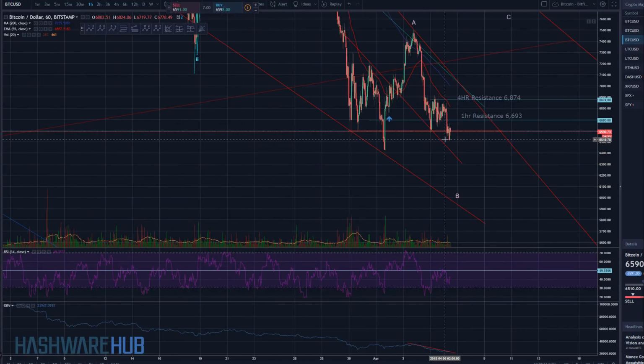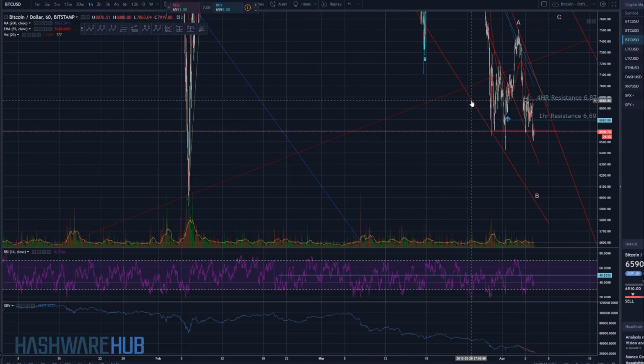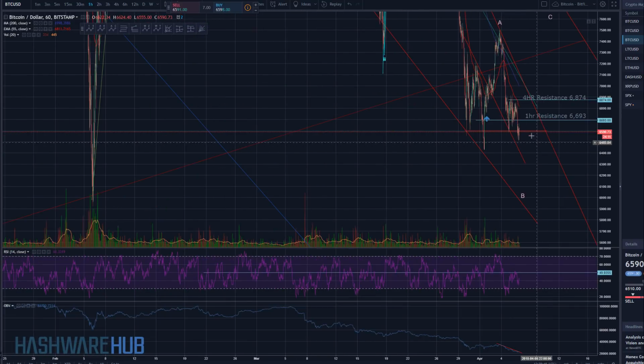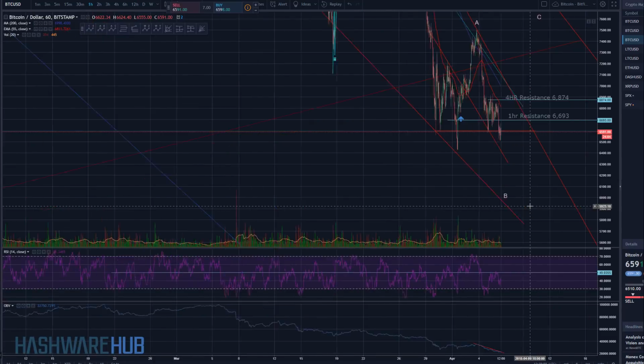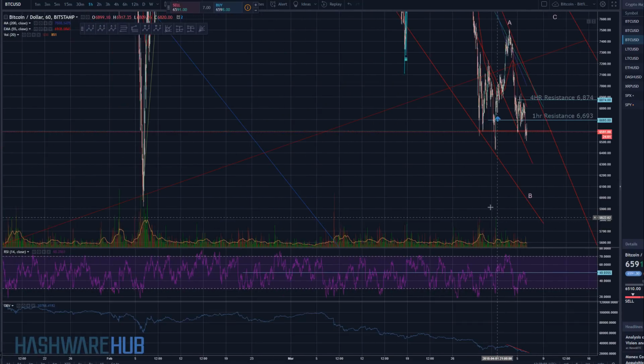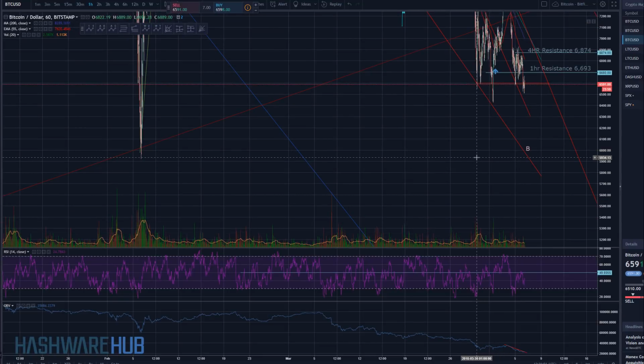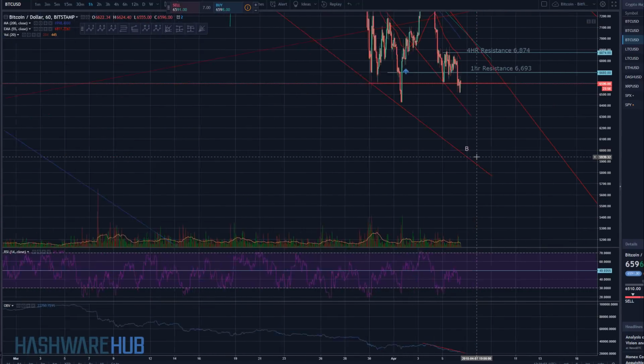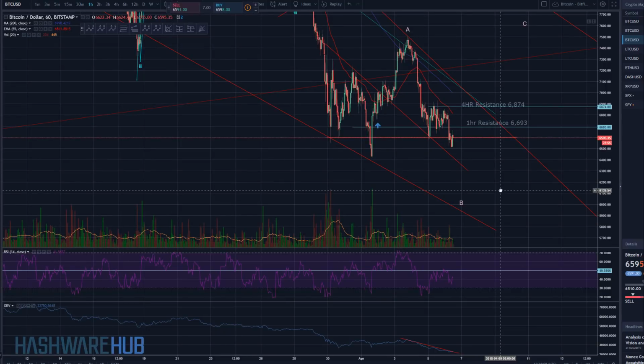I would use either the 1 hour resistance or the 4 hour resistance as a stop loss level. But really what I'm waiting for is panic, especially around these levels and lower, where I start buying and then start riding it back up to this level, this 5,900. So that's my game plan.